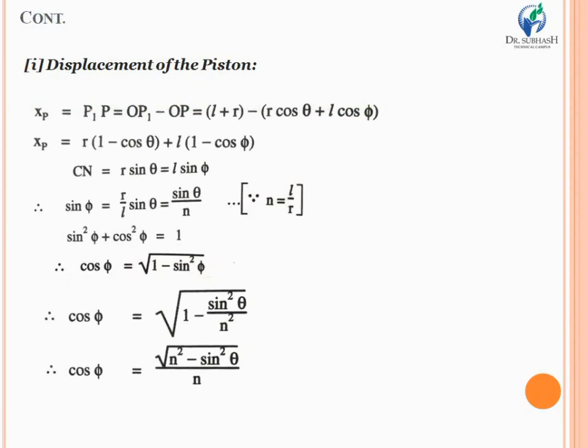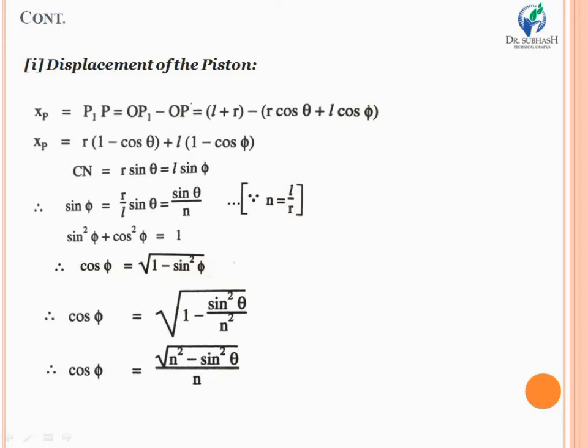Now one by one we are going to derive the relations for the various components of the IC engine mechanism. First, that is the displacement of the piston. When the crank moves from inner dead center through an angle theta from IDC, then the displacement of the piston is given by a very famous equation, that is xp is equal to P1P, and that is equal to OP1 minus OP.